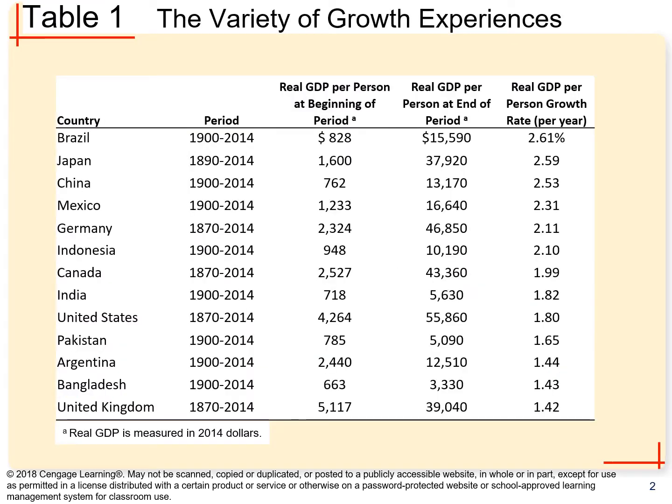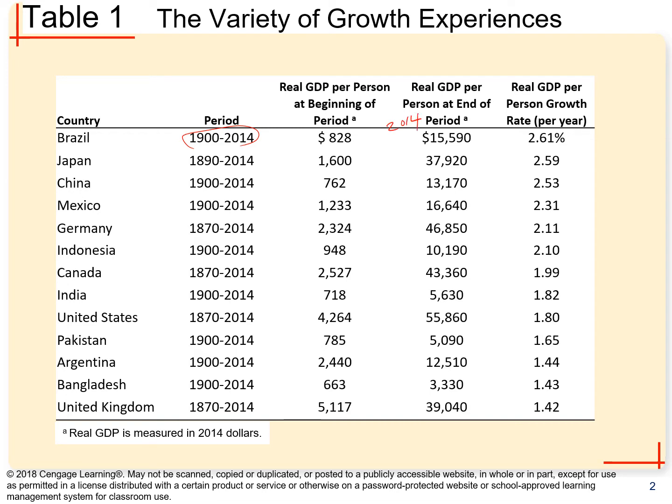Let's look at this table. This is from your textbook, the variety of growth experiences, showing economic growth over the past 100 years or so, and real GDP per person in the year 2014.